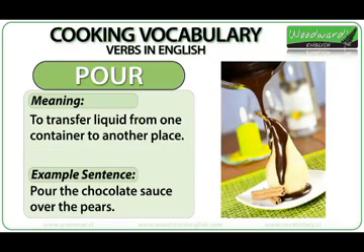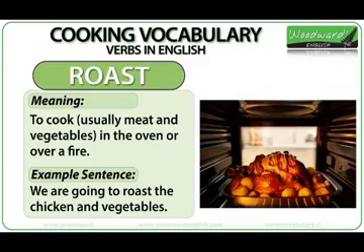Pour. To transfer liquid from one container to another place. Pour the chocolate sauce over the pears. Pour. Roast. To cook, usually meat and vegetables, in the oven or over a fire.